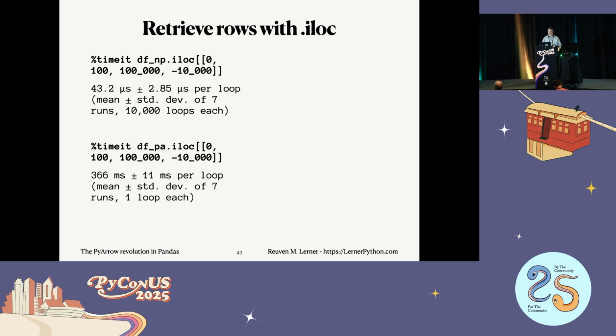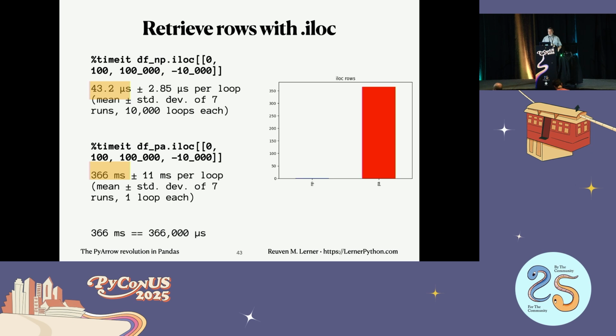I do the same thing with PyArrow. It takes 366 milliseconds. Not quite sure what that is? Remember that 366 milliseconds is 366,000 microseconds. Here's the graph, right? There is a blue line there, I promise you, but it's really, really small.